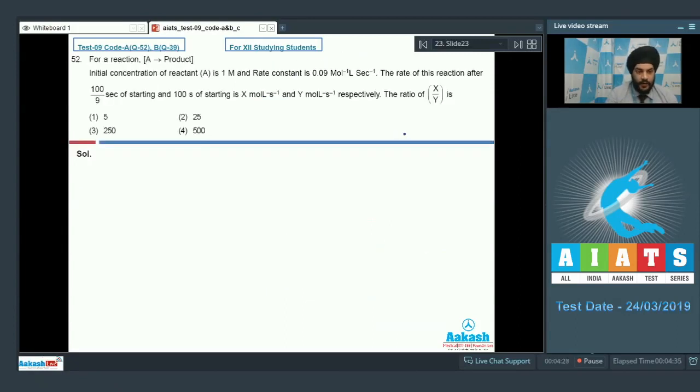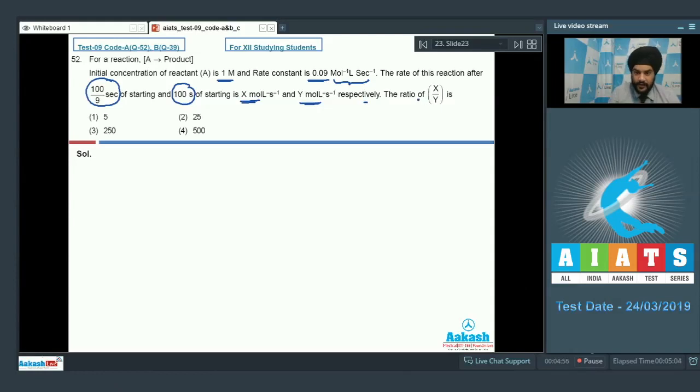Question number 52. For a reaction in which A is converting into products, the initial concentration of A is 1 molar and the rate constant given to us is 0.09 mole inverse liter second inverse. The rate of this reaction after 100 by 9 second of starting and 100 second of starting are X and Y units respectively.